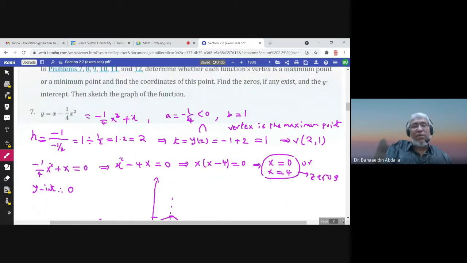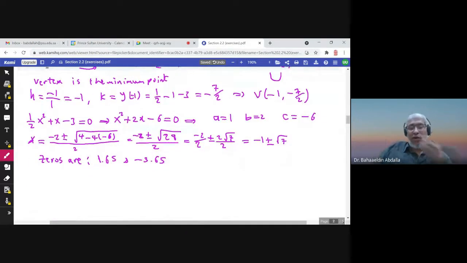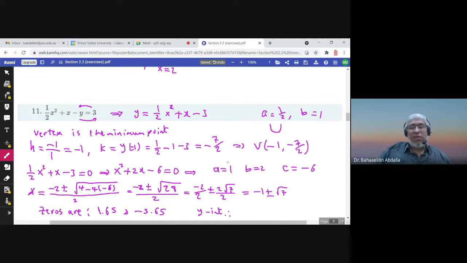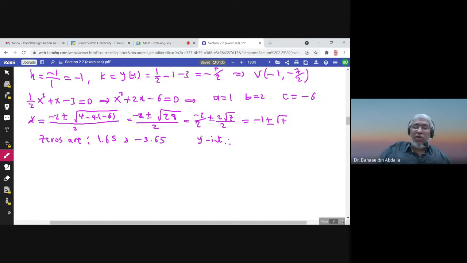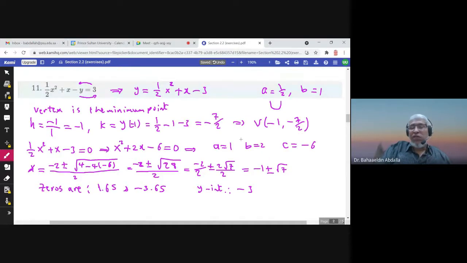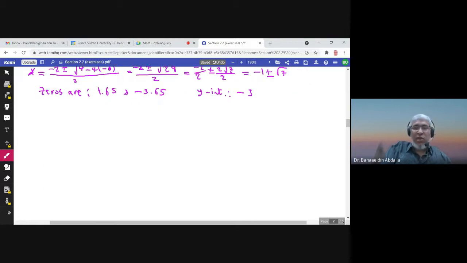Find the y-intercept and then sketch the graph. Well, the y-intercept, when we put x 0, we get -3. So the y-intercept is -3. Let us sketch the graph. The vertex -1, -7 over 2, and it opens up.